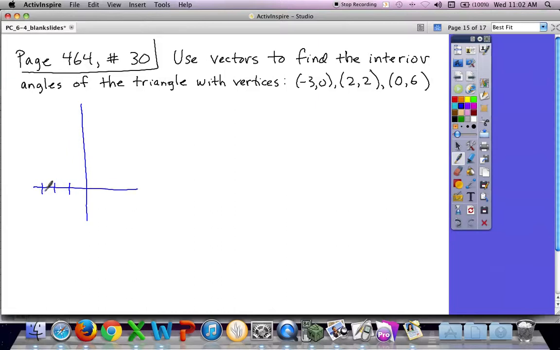All right, so here's our 3 points: (-3, 0), (0, 6), (2, 2). All right, those are the vertices of a triangle.